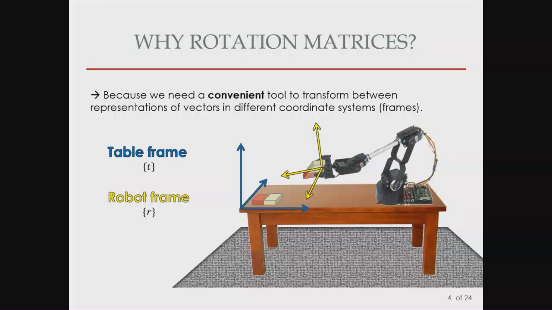That's not the only way, but it's a very convenient way. Okay, very straightforward. And you can think of that in a way as a dictionary between different languages, but instead of different languages, you have different coordinate systems, different representations of vectors. Okay?